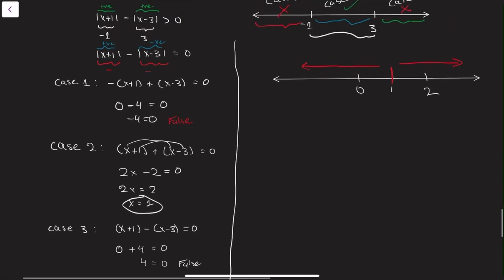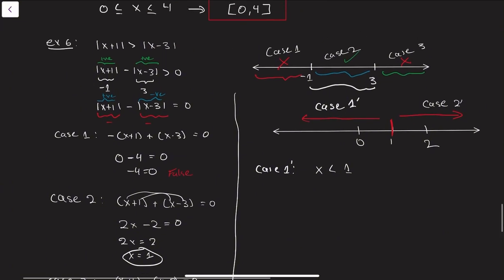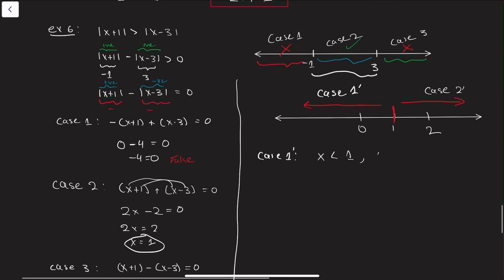Great. So I'm going to call it case 1 prime, not to confuse it with the other one. Case 1 prime, and we'll call this case 2 prime. When x is less than 1, let's check what this inequality looks like. We'll use the test point x is equal to 0.